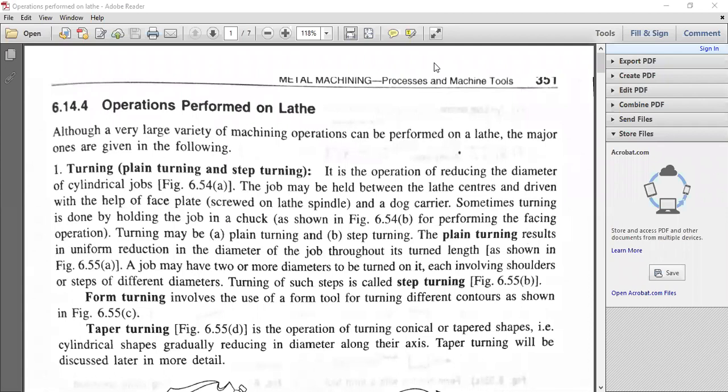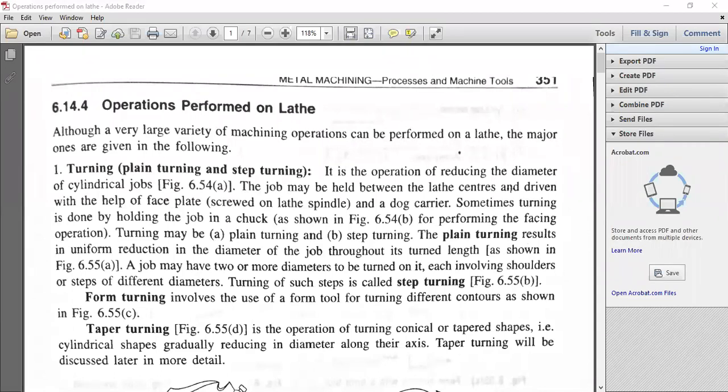Form turning is also one of the turning operations. It involves the use of a form tool. We have to prepare the form tool according to the shape of the job, a replica of the job. We have to prepare it in the tool room or procure it from outside tool manufacturers, and we have to see that it is of a correct form.